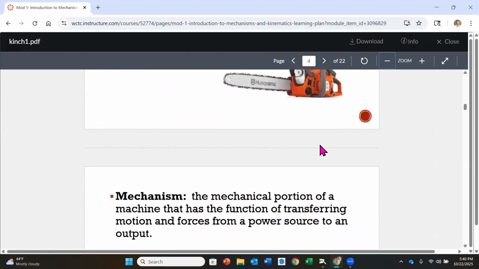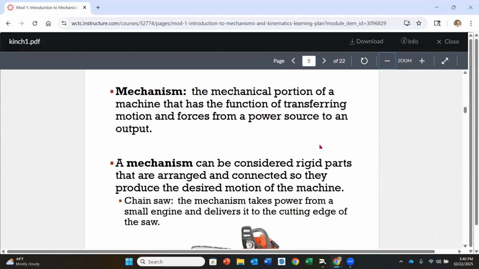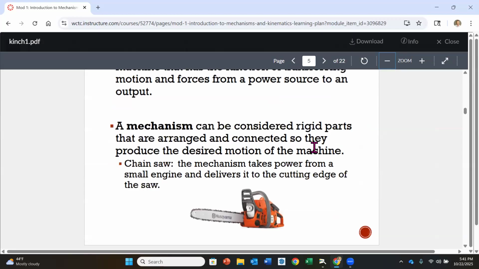Now, a mechanism is the mechanical portion of the machine that has a function of transferring the motion and forces from the power source to the output. So in the case of our chainsaw, the power source is the gas engine, okay? And then the output is the chain that is going to do the cutting of the wood.